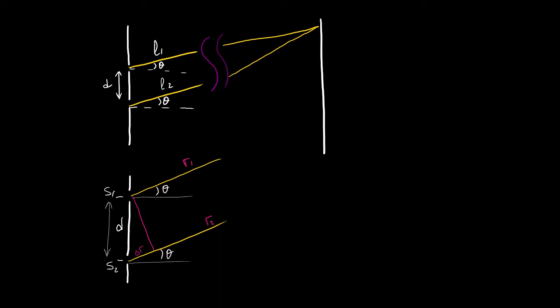Now, according to geometry, we can say that the angle right here is also theta. Then from here, I can find that delta R equals d times sine theta, since we have a right triangle here.